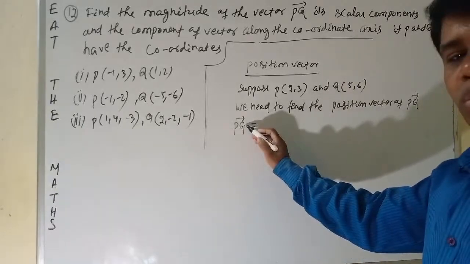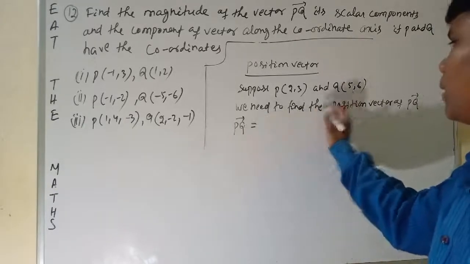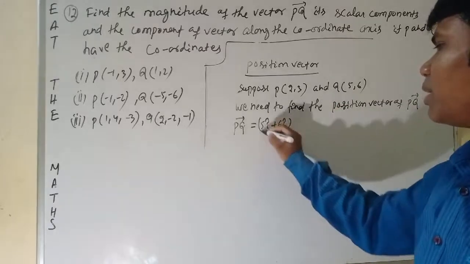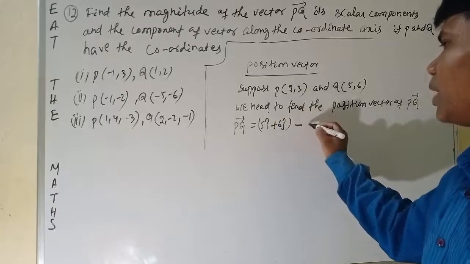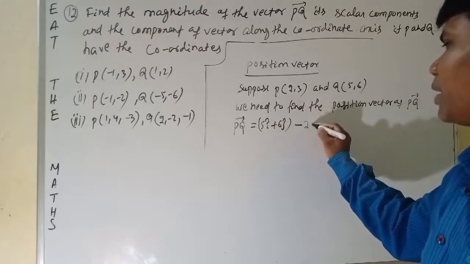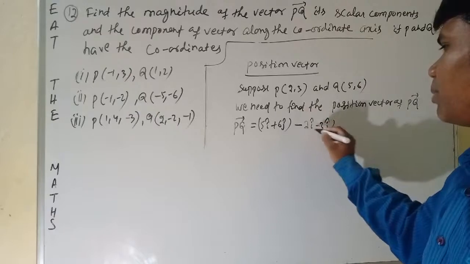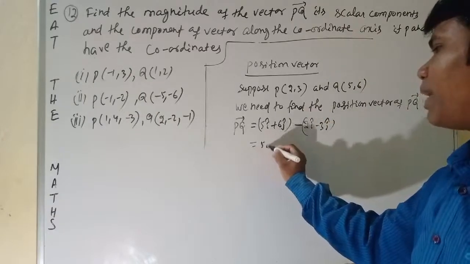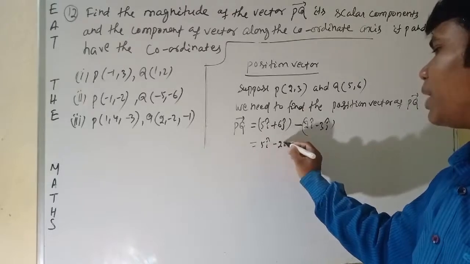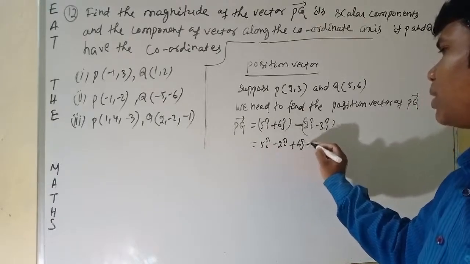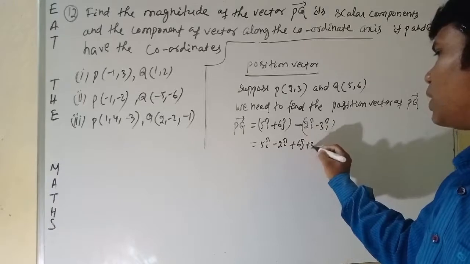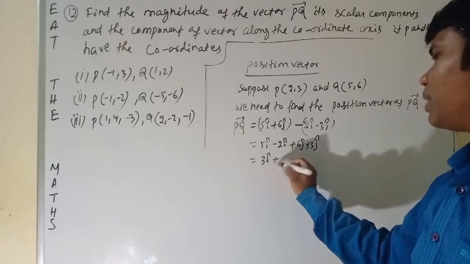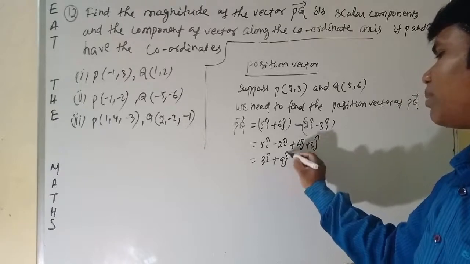That is 5 i cap plus 6 j cap minus 2 i cap minus 3 j cap, which is 5 i cap minus 2 i cap plus 6 j cap plus 3 j cap. 5 minus 2 is 3 i cap, 6 plus 3 is 9 j cap.